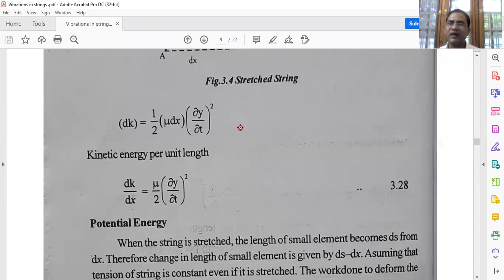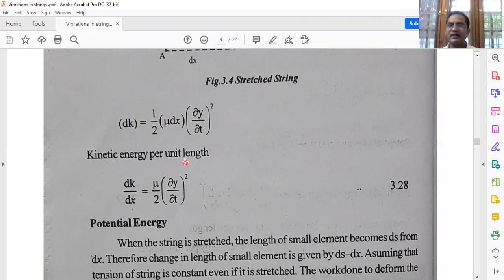Here y is the displacement. If you differentiate with respect to time, dou y by dou t is the velocity. Half mv square, in that mass mu into dx, velocity dou y by dou t, therefore written squared.